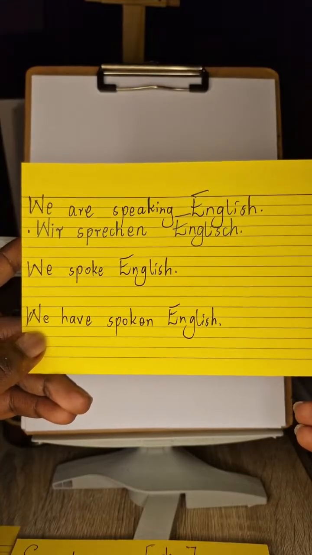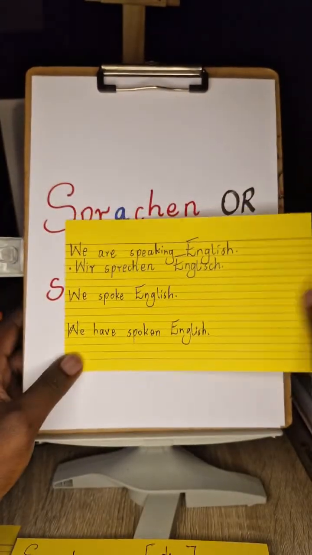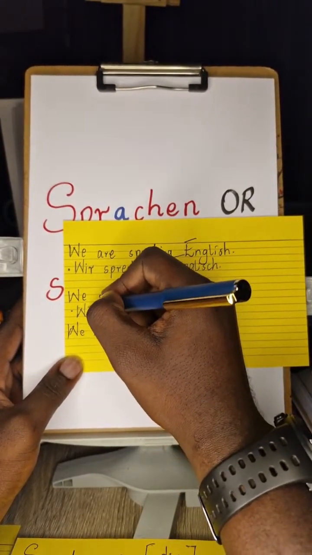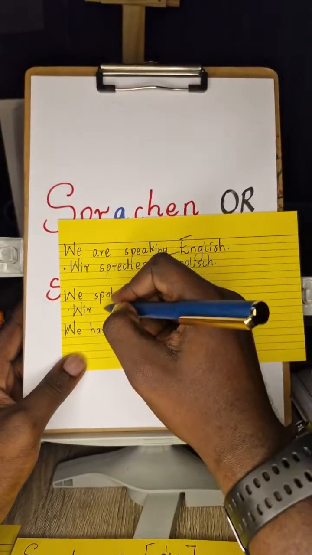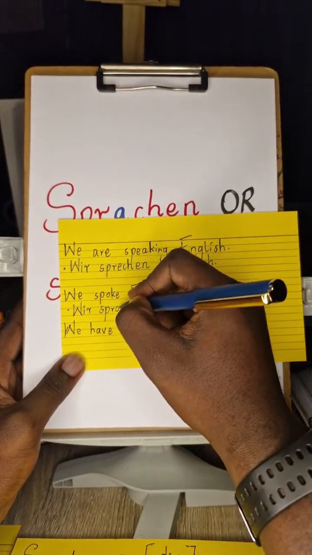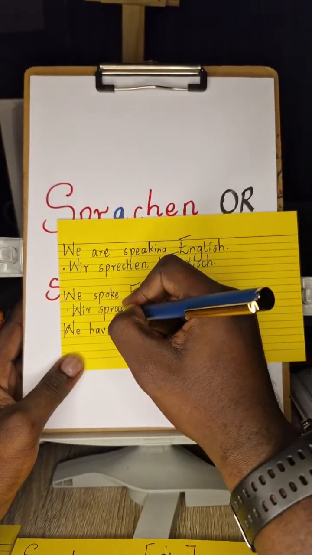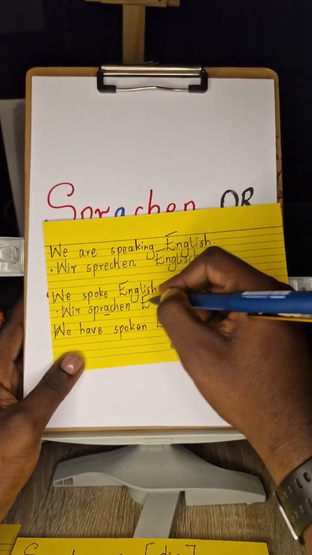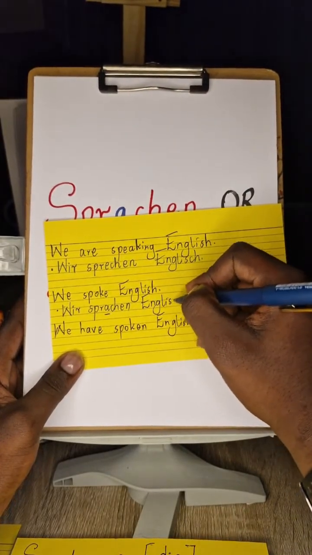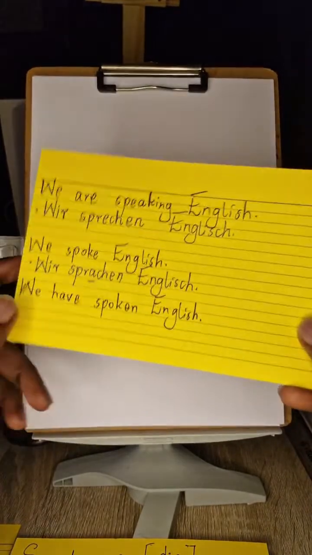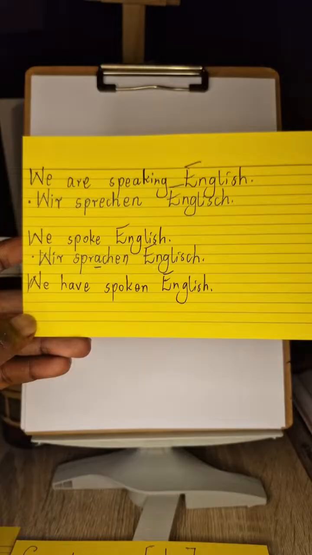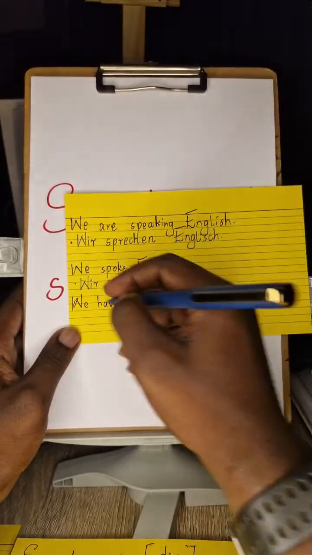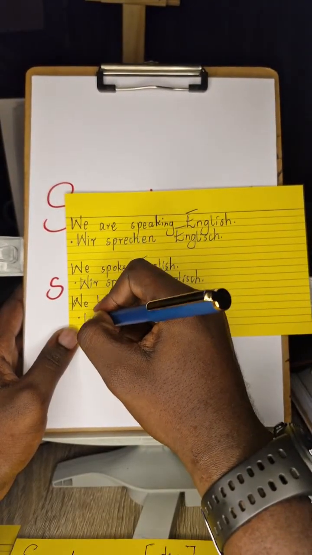But the second one, we spoke English. Now I would say wir sprachen. So this is now the past. Notice the vowel changing. Wir sprachen English. We spoke English. Then the last one, we have spoken English.